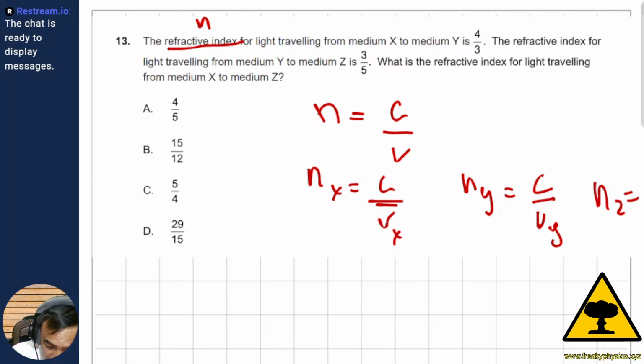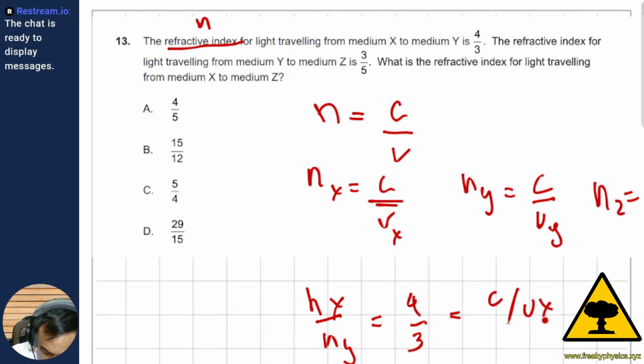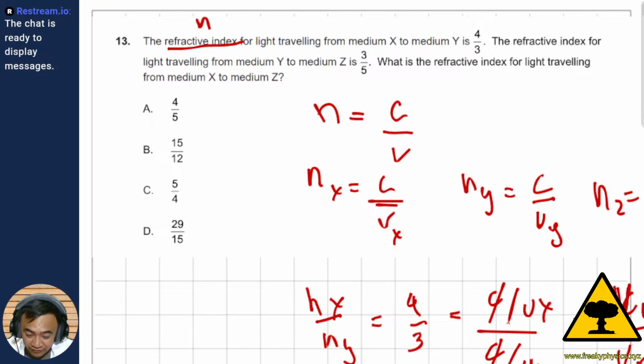So from x to y, we're going to do nx over ny, and that's going to be equal to 4/3. That's also going to be equal to c over vx over c over vy, and the c's cancel out, so that simplifies into vy over vx.